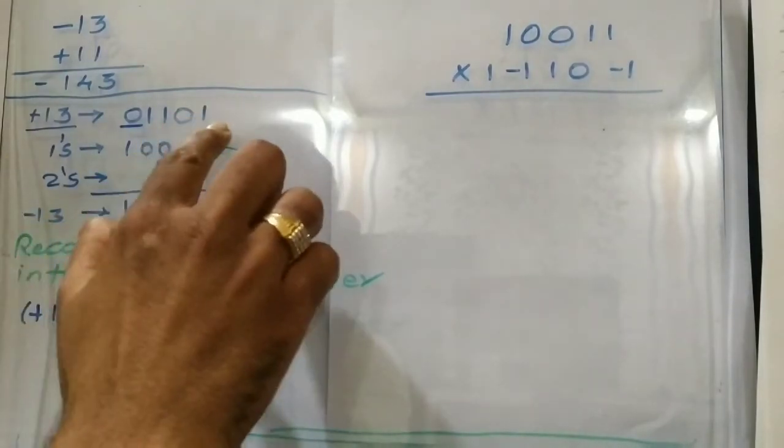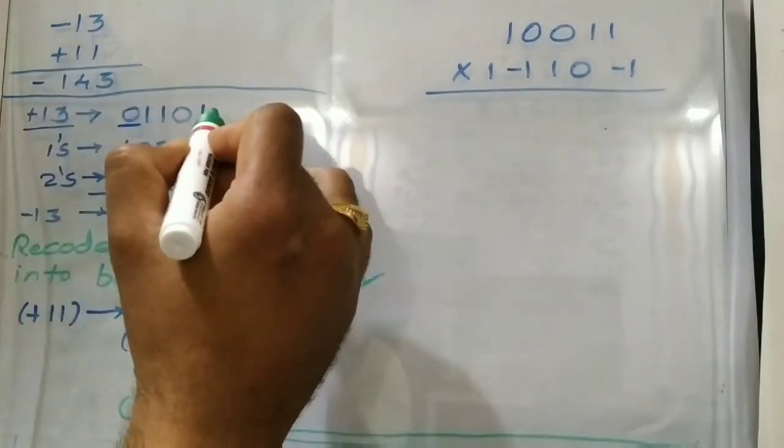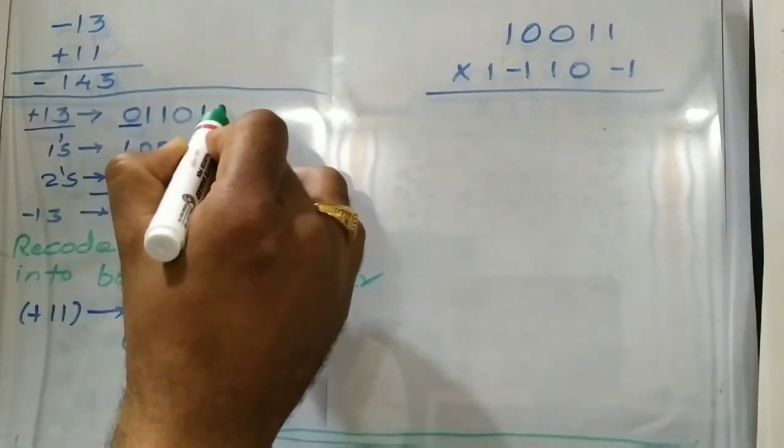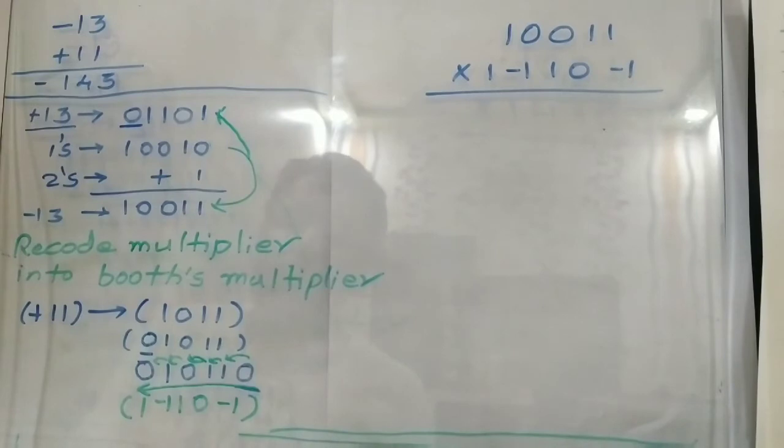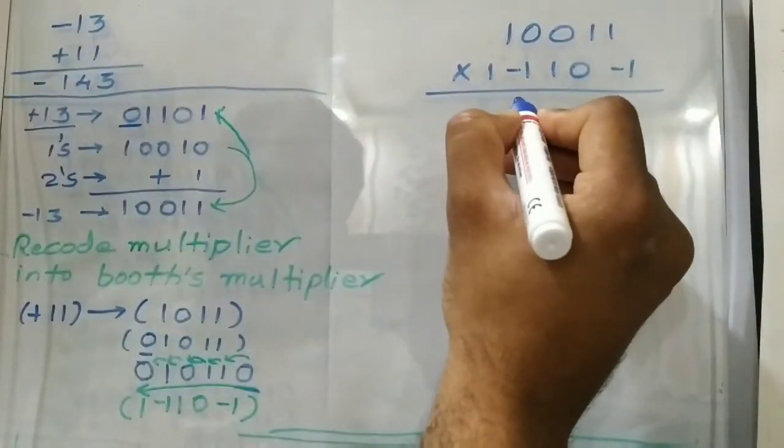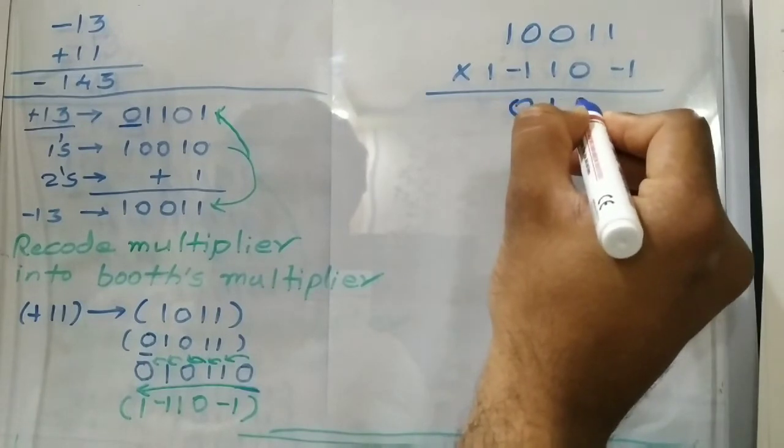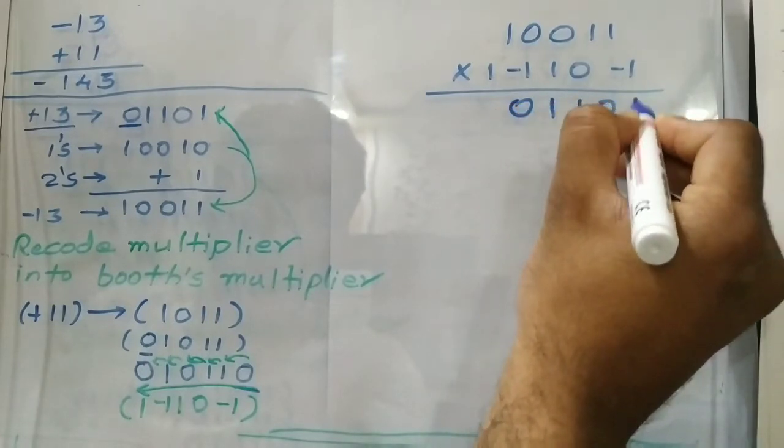Oh, sorry, not this, it should be this one. So 2's complement of 10011 is 01101.